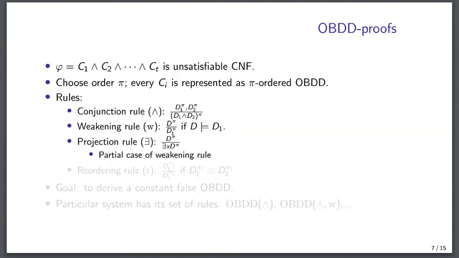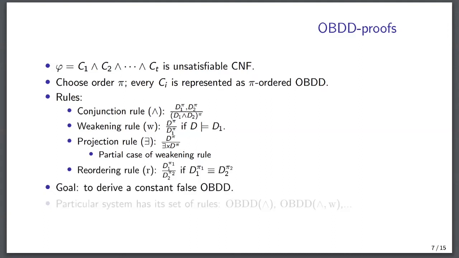Usually when we consider a different proof system, we do not include both of these rules, since projection is a partial case. But projection has a very good property: there are not too many projections. There are a lot of possible ways to apply the weakening rule, even infinitely many. But if we have n variables, we have only n ways to apply the projection rule.